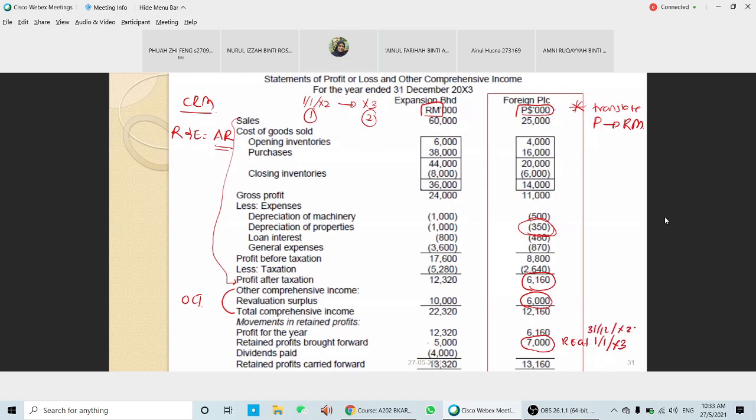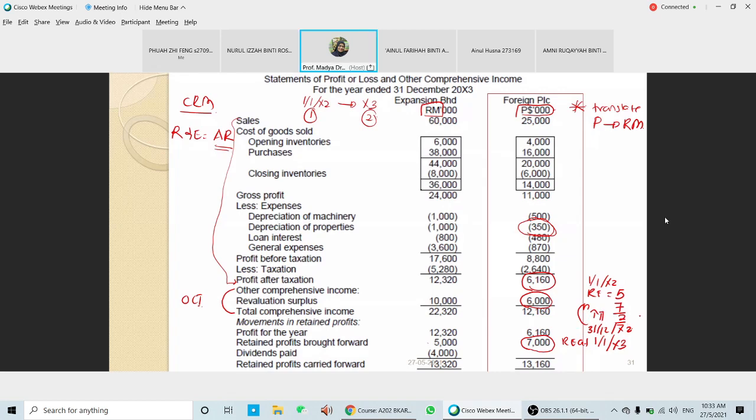You acquired this company on 1st of January X2, and when you acquired it, the RE was 5 million. Now at the end of the year the RE becomes 7 million, so there is an increase of 2 million, which is equal to the profit for the year X2. So the profit for the year X2 is 2 million.